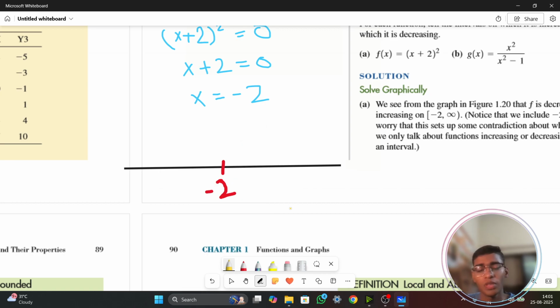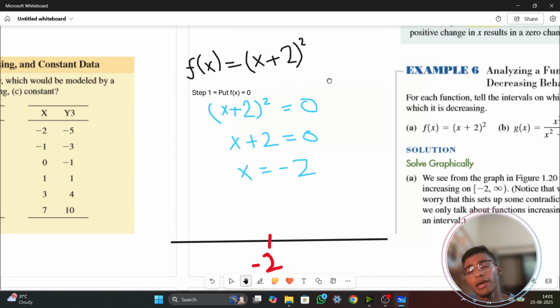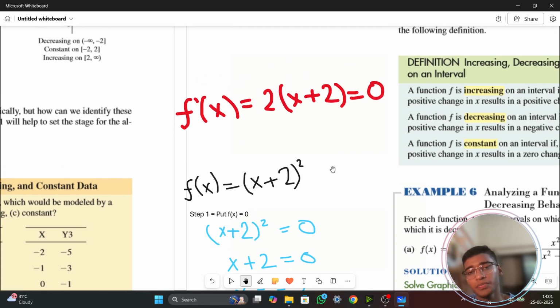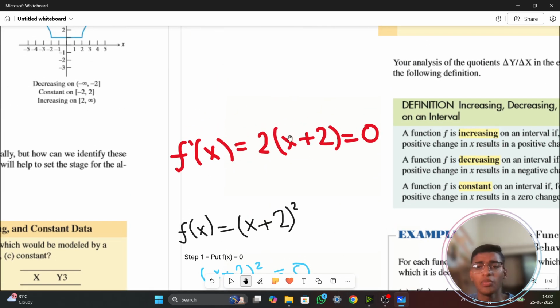Now I need to put some values and find out the behavior of my graph in these portions. So let's check. If I put some value less than minus 2 into f dash x, say minus 3, then minus 3 plus 2 is minus 1, which is a negative number.